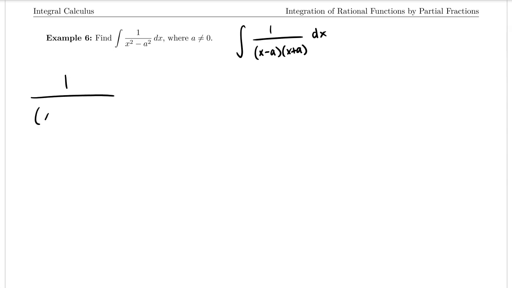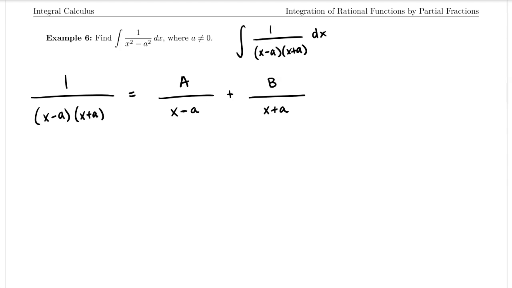I'm going to take my integrand and rewrite this as some fraction with the denominator of x minus a and another fraction that has a denominator of x plus a. I still don't know what the numerators are, so I'm going to name one capital A and another one capital B. Don't get your lowercase and your capital A mixed up.